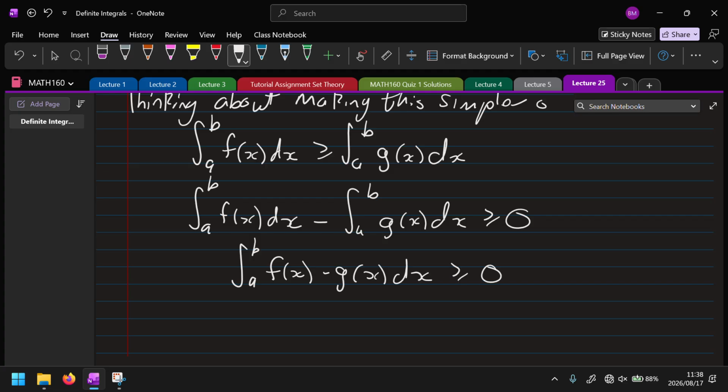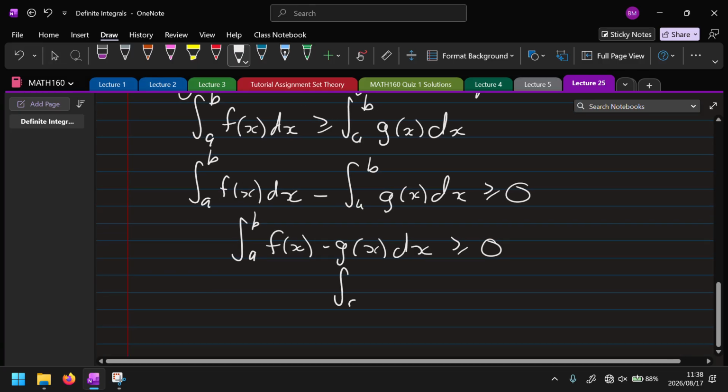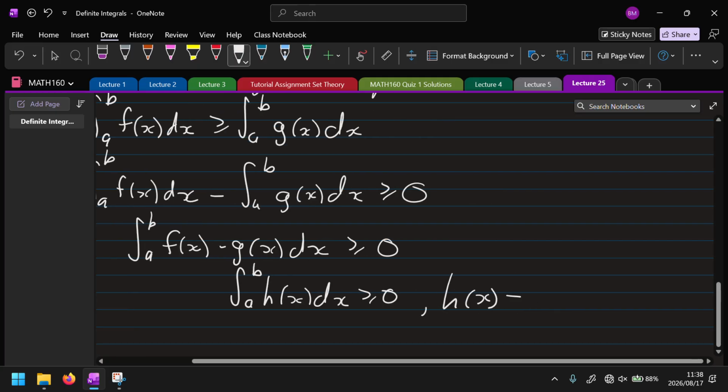Again, this is all just thinking about what we're going to do. Now, this inside part there, I'm going to call that h. So it's a new function, which is the difference between the two. And here, this is a new function, so I better say what it is.